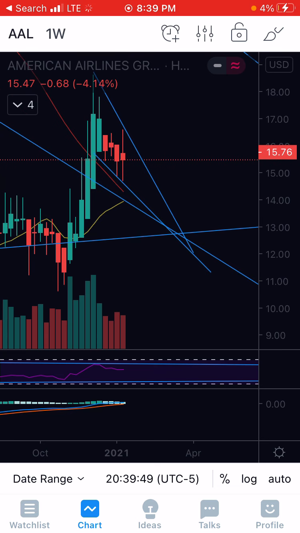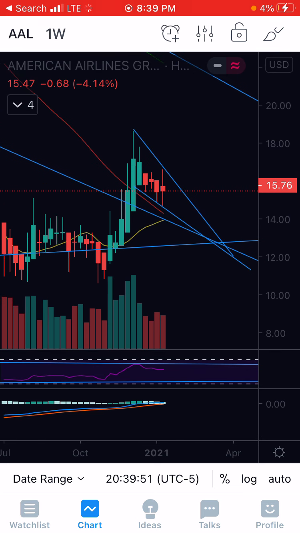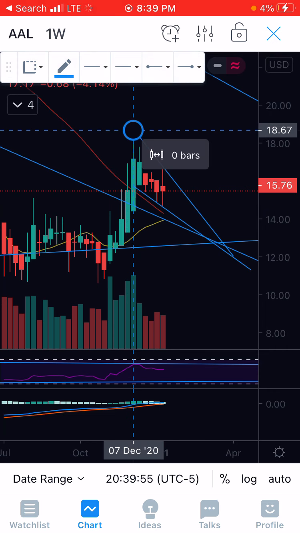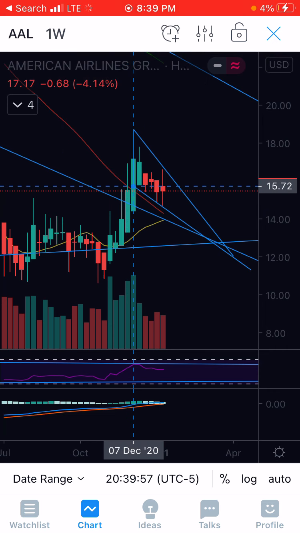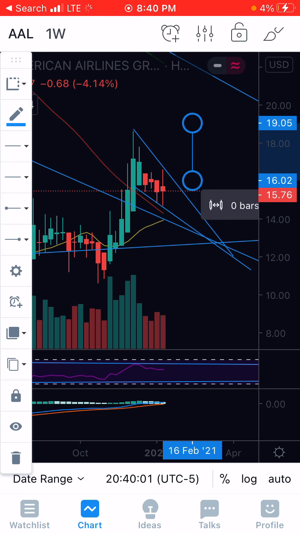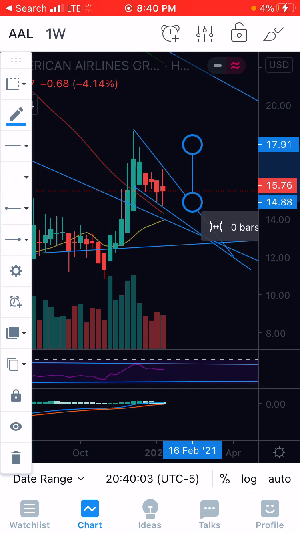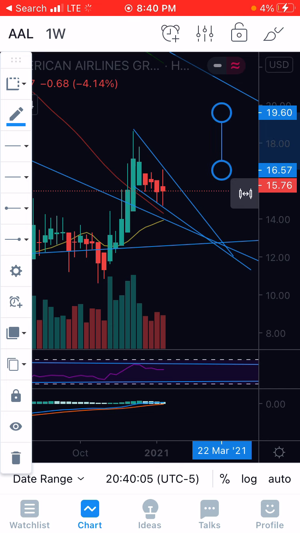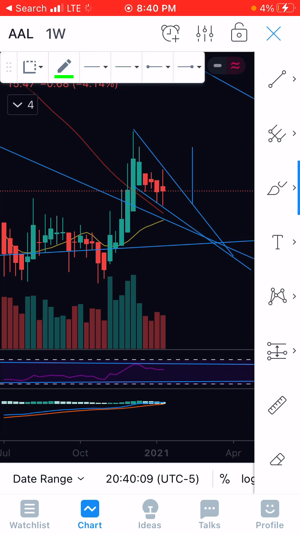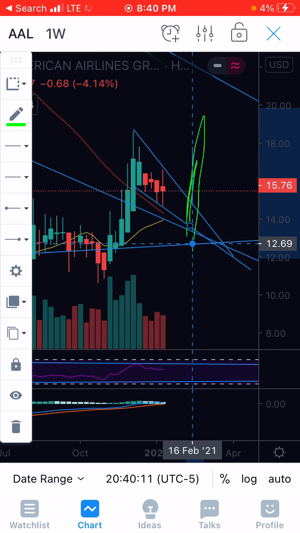So if you actually wanted to find your breakout, you would take a measured move, a trend line from the resistance to the support at the very beginning of the wedge or pennant or any pattern. And usually a pattern would break out somewhere in this range of the pattern.